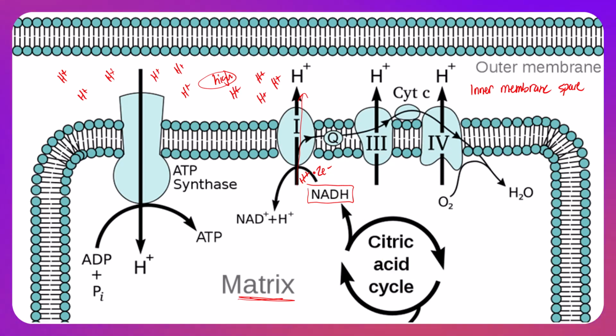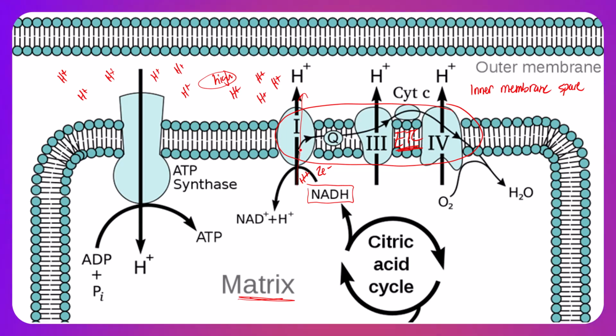Those NADH molecules are going to come to the electron transport chain, which is what this set of membrane proteins are. The hydrogen ions, again, are being pumped to this inner membrane space.